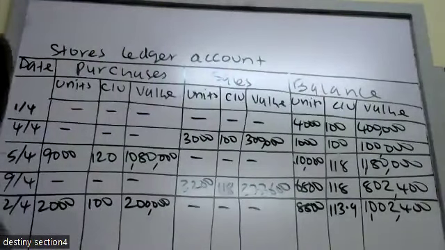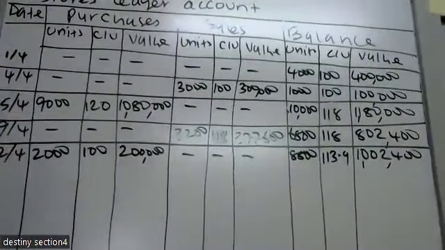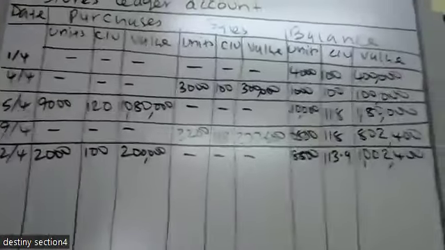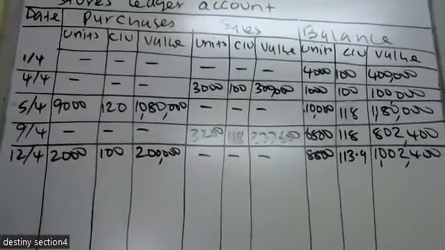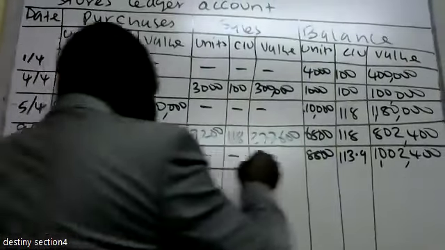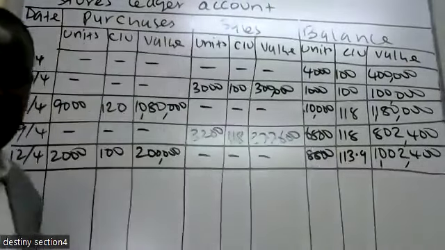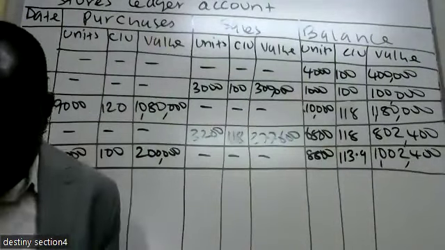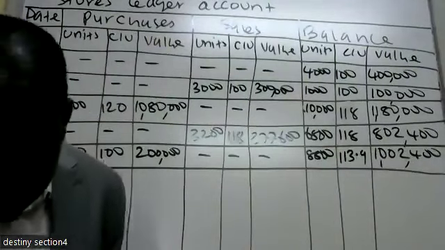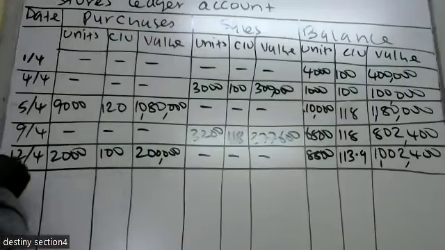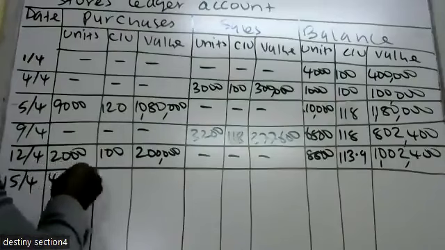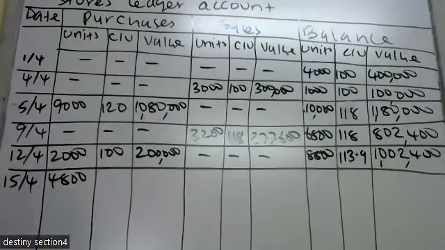So we now go to the next date. The next date was the 15th, when they did some purchases. They were able to buy 4,800 units at 130 per unit.